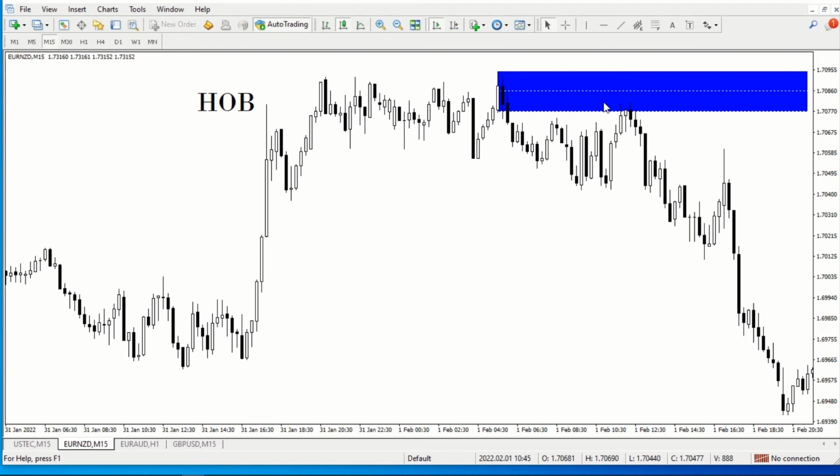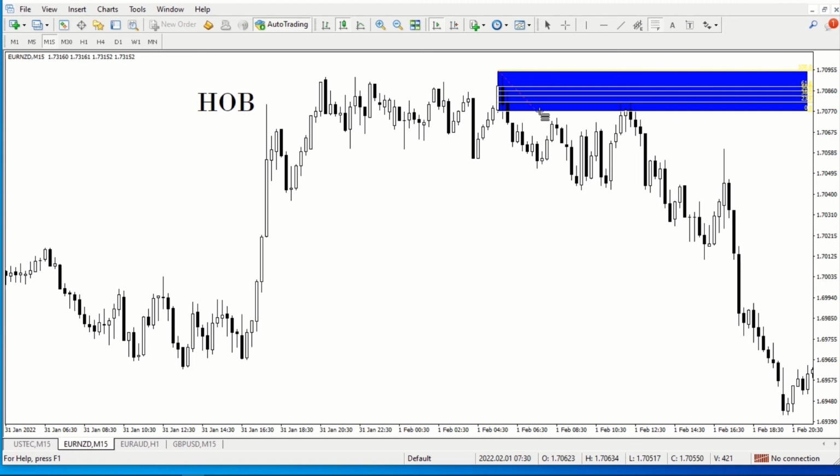So in this case, you could realize price traded into the order block, and we want to know how far. We use our Fibonacci, place it at the high of it, then bring it down. Because of the color, the numbers are not showing well, but currently the price has traded to 23.6, meaning it hasn't traded into the order block so much. So that means the price got rejected.